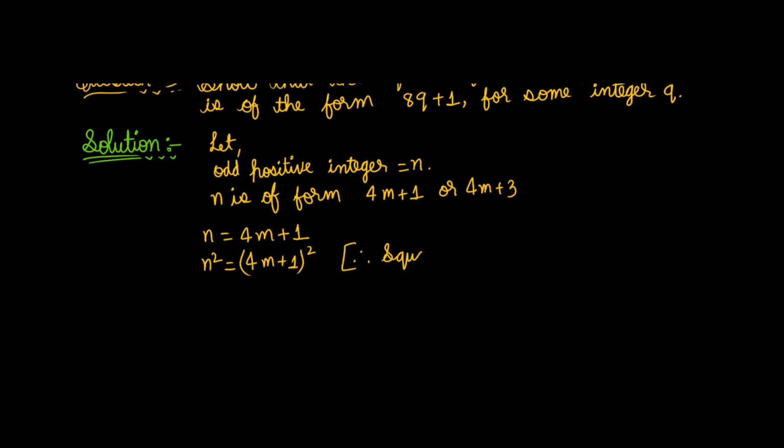Squaring both sides, we will get n square is equal to 16m square plus 8m plus 1.